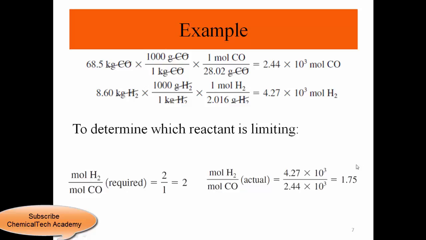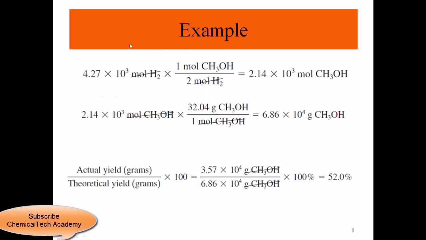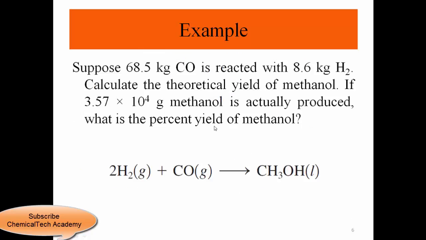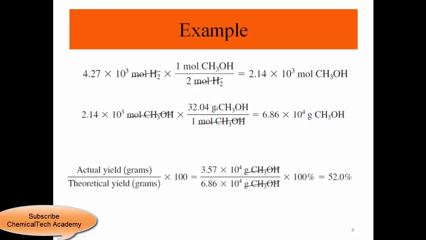Since this result is less than 2, we can say hydrogen is the limiting reactant. So we need to stick to this amount. Based on 2 moles of hydrogen we will produce 1 mole of methanol.